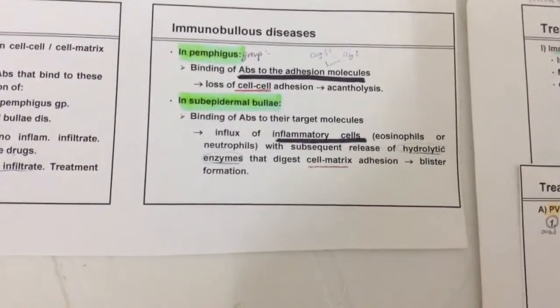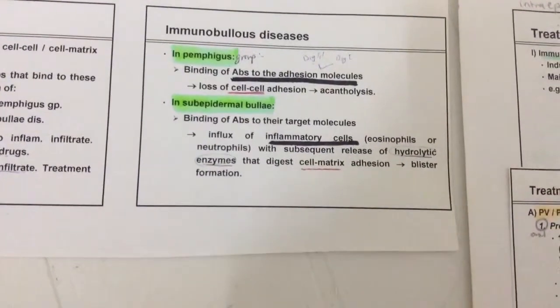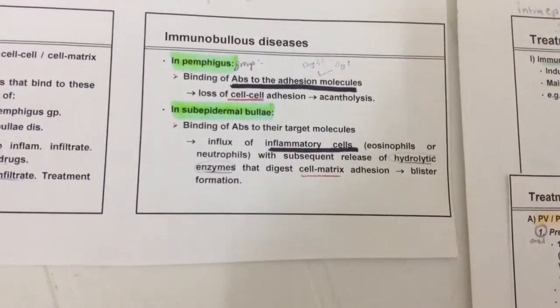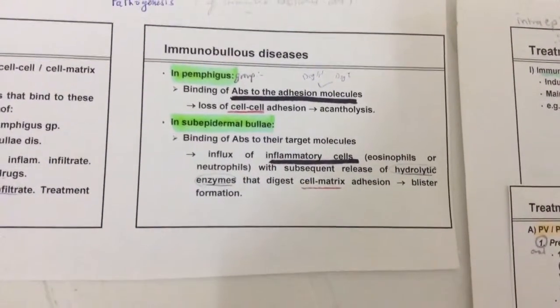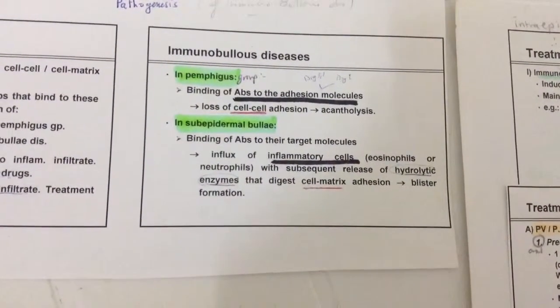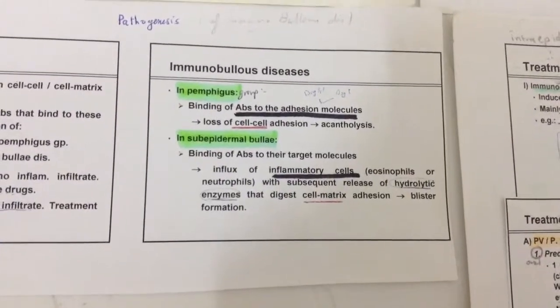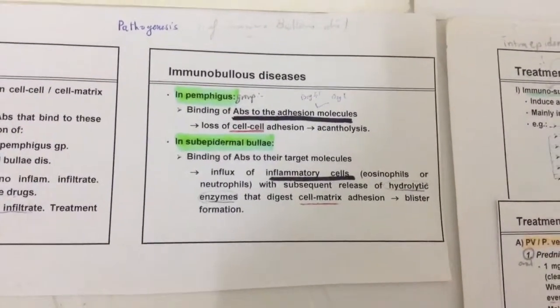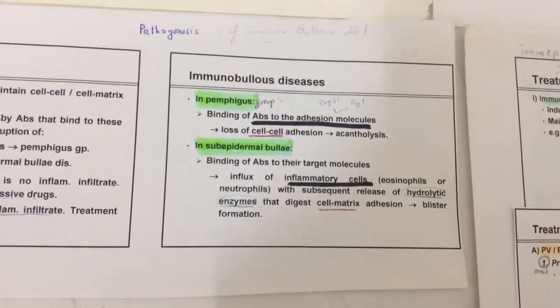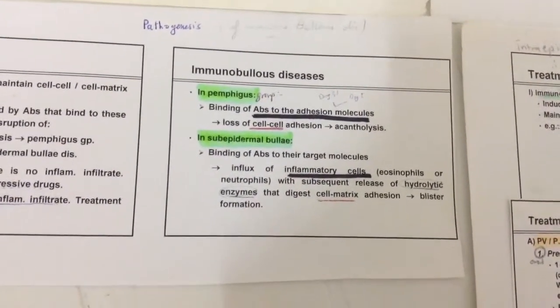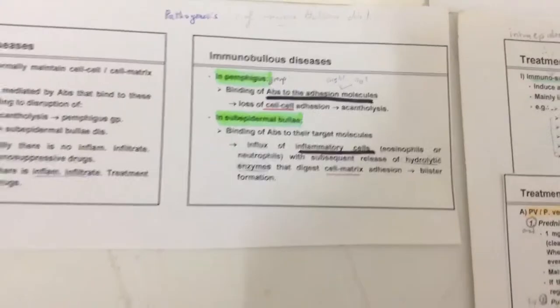In subepidermal bullae, there is binding of antibodies to their target molecules, leading to influx of inflammatory cells, which are either eosinophils or neutrophils, with subsequent release of hydrolytic enzymes, leading to digestion of cell matrix adhesion and blister formation. This is the pathogenesis.